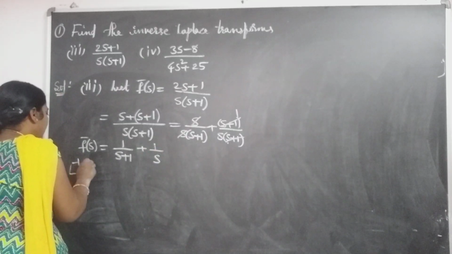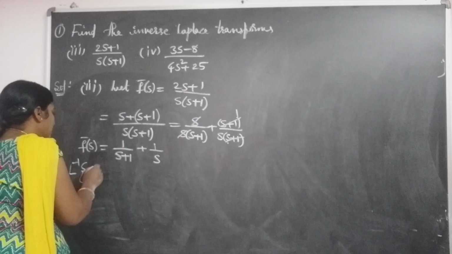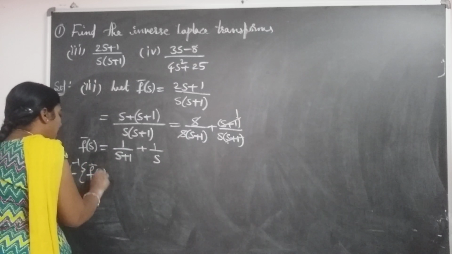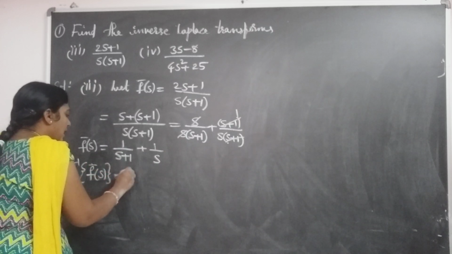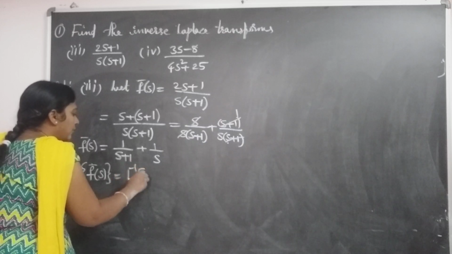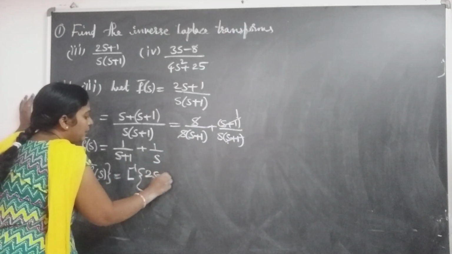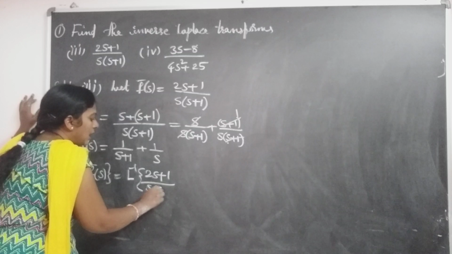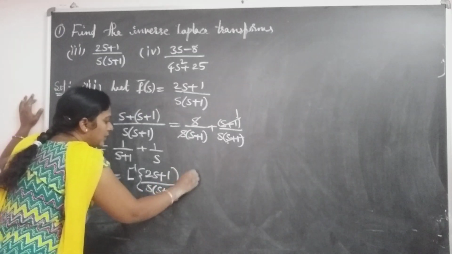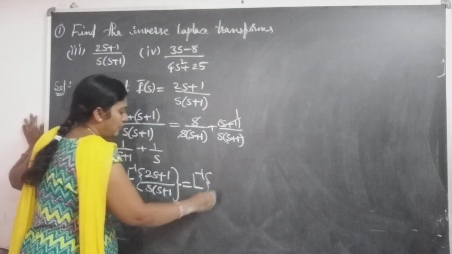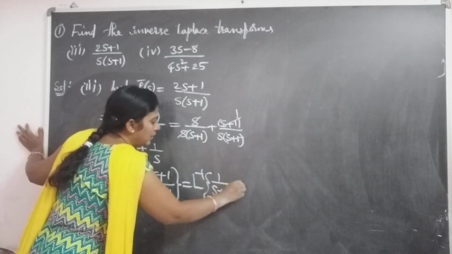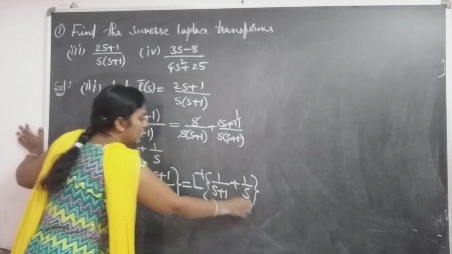Then find the inverse Laplace transform of f bar of s, equal to L inverse of 2s plus 1 by s into s plus 1. It is equal to L inverse of 1 by s plus 1 plus 1 by s.